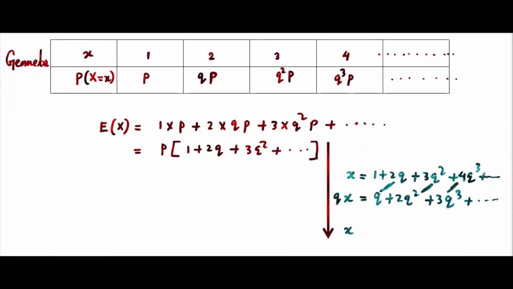If you subtract this way, you leave this one. If I write x minus xQ, 1 I will keep here and will not mind, because the number of terms is infinite in both cases. You just subtract the first term from the second term, 2Q minus Q, you will get Q here, plus 3Q square minus 2Q square, you will get Q square.